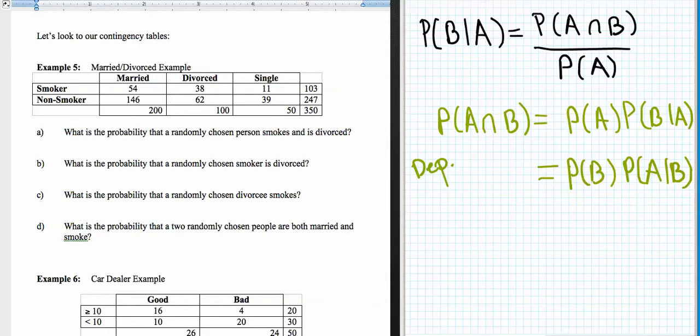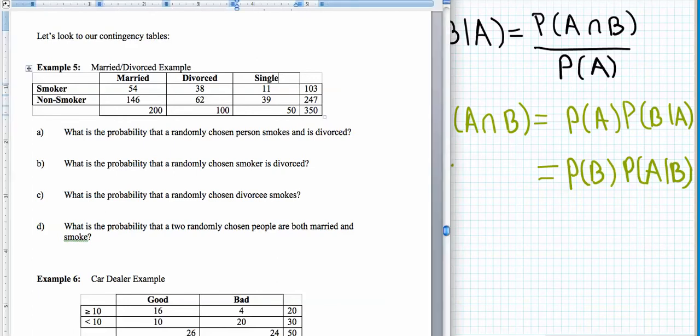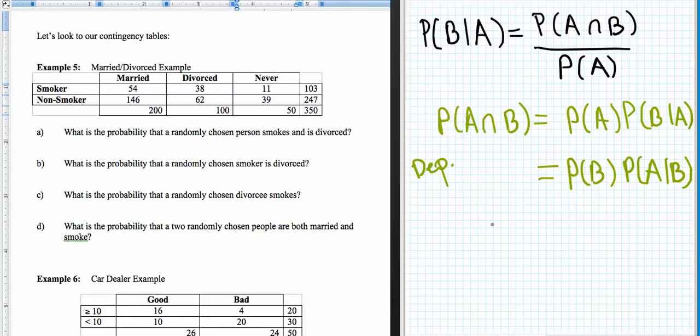What is the probability that a randomly chosen person smokes and is divorced? I had put never been married in here, so let's change all of the ones that are related to that to never been married instead of single. It's easier for abbreviations.